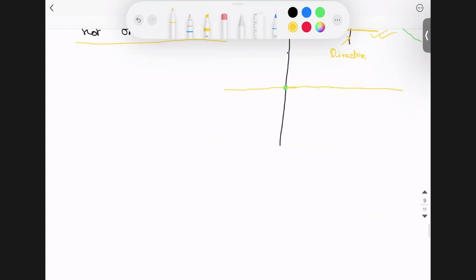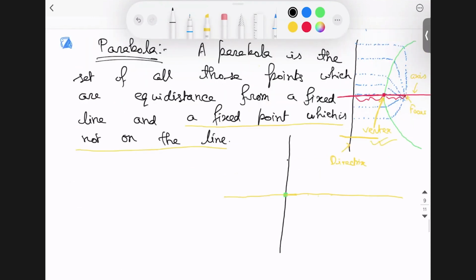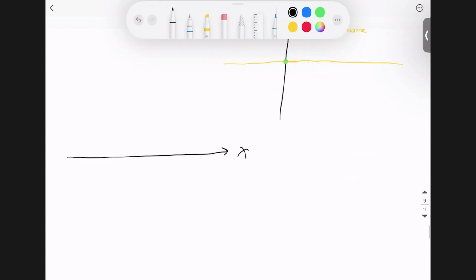So if the axis is the x-axis, then what happens? This is our x-axis, okay? And suppose that we have a point. So if the axis is the x-axis, then the focus will be on the x-axis. So this will be the point, and maybe the straight line can be like this, or it may happen that the straight line is like this.